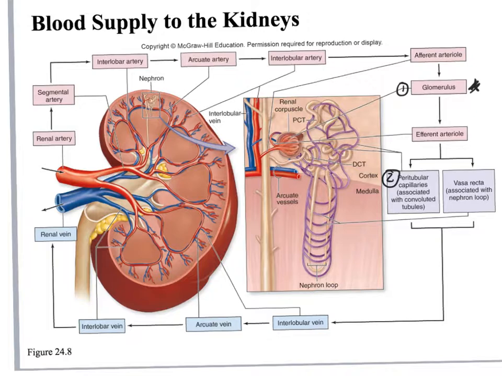Why is it an arteriole? What do arterioles do that venules and arteries don't? And that's going to be very important for the function of the nephron and the kidney. What do arterioles control?